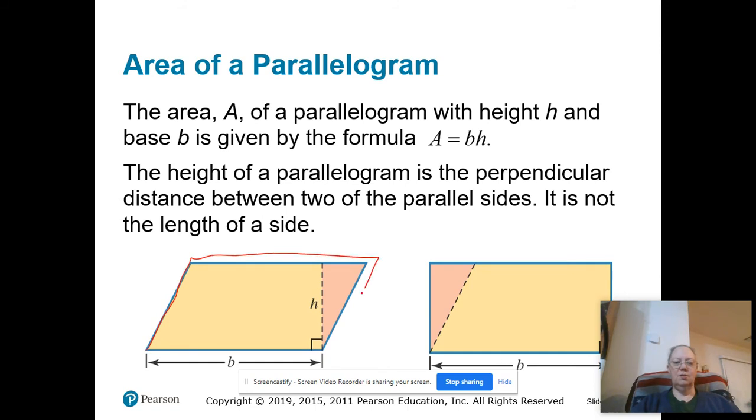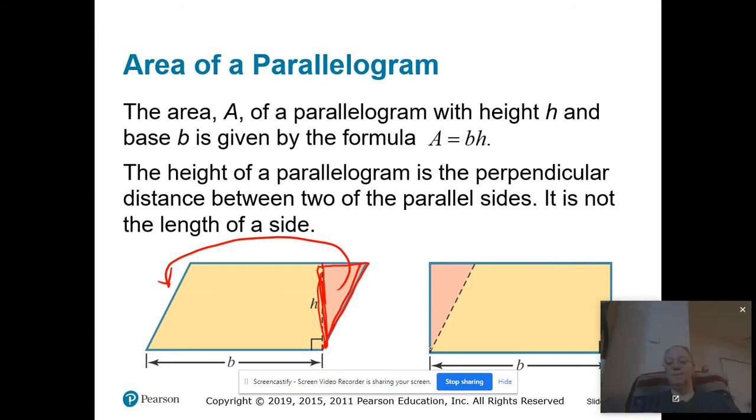I want you to imagine cutting off this triangle right here and shifting it over here. Well, this is what it would look like.